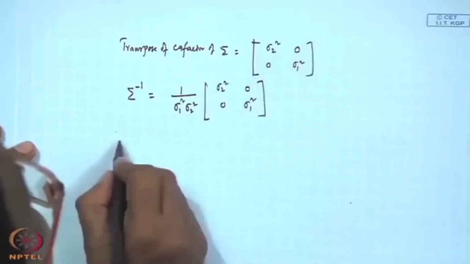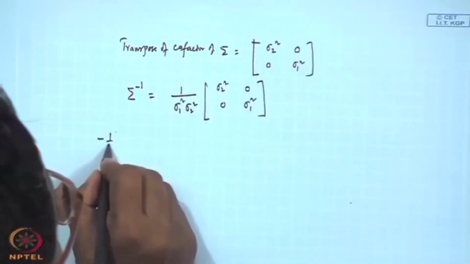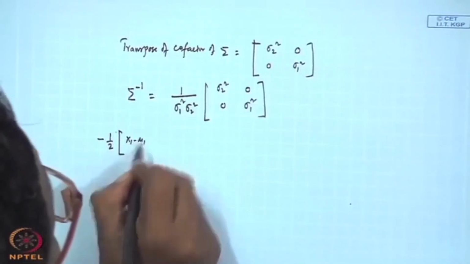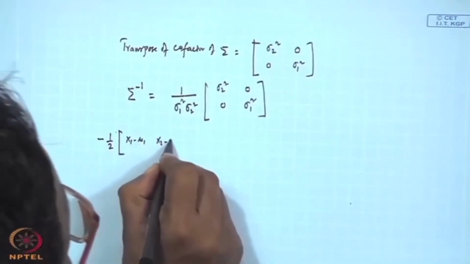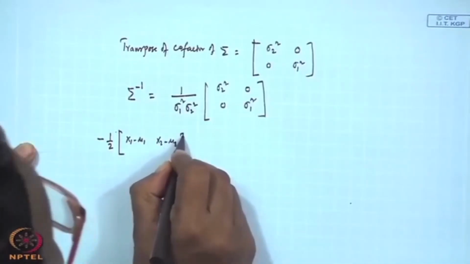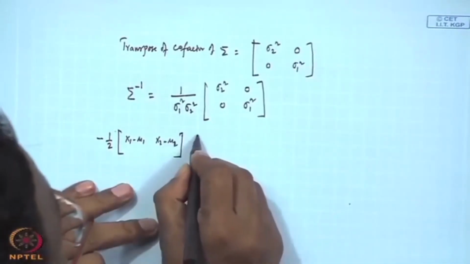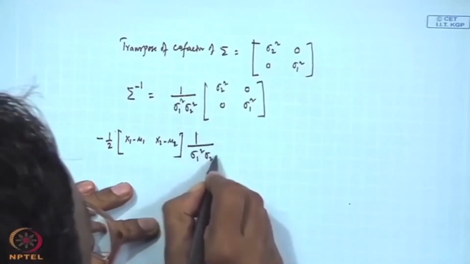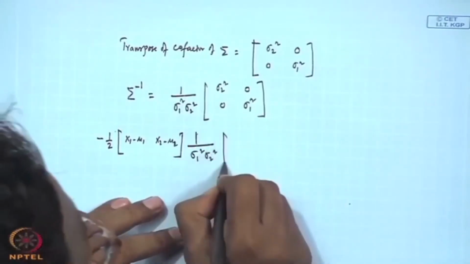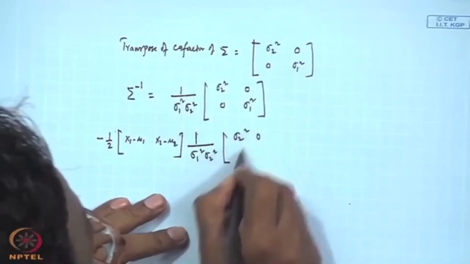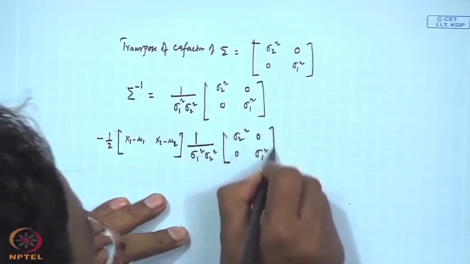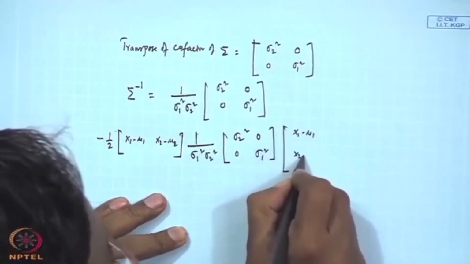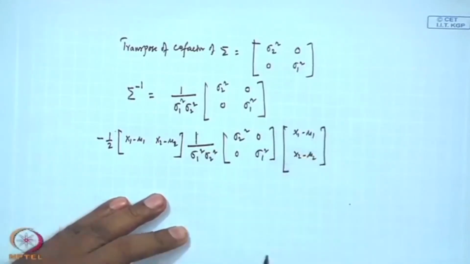Now, calculate this one. My calculation is minus half, x 1 minus mu 1, x 2 minus mu 2, then the inverse is coming like this, 1 by sigma 1 square sigma 2 square, times the matrix sigma 2 square, 0, 0, sigma 1 square, multiplied by x 1 minus mu 1 and x 2 minus mu 2.